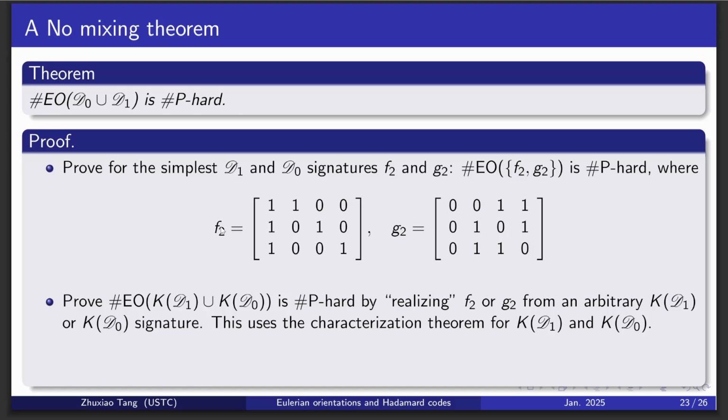And second, we prove there is no mixing between the delta 1 affine kernels and delta 0 affine kernels by realizing F2 from any possible D1 affine kernels and realizing G2 from any possible D0 kernels. This will use the characterization theorem for delta 1 affine kernels and delta 0 affine kernels. Finally, we prove the general theorem by induction.